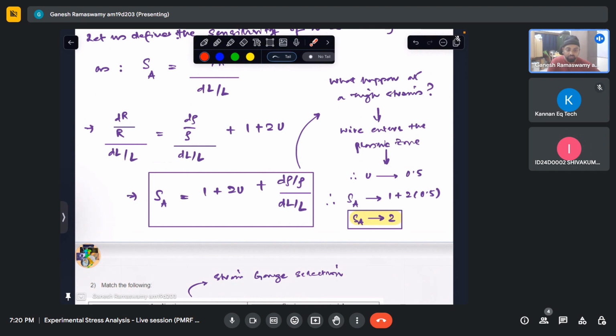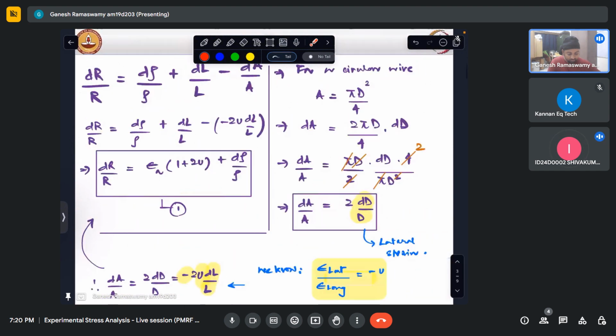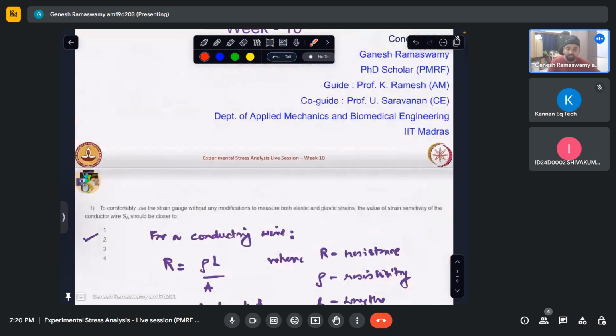So if we have a conductor which follows this, it can be seamlessly switched between the plastic and elastic transition zone, and it can still give us the correct answer when we take the sensitivity to be 2. So we don't need to go for any additional corrections is what we are trying to say here.